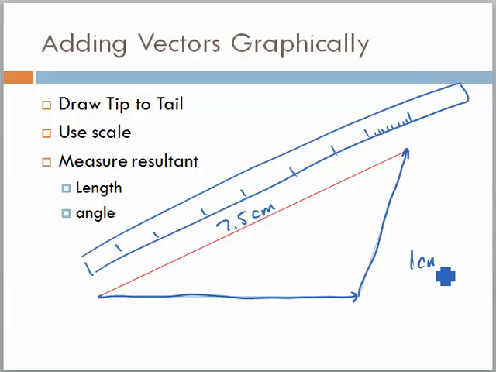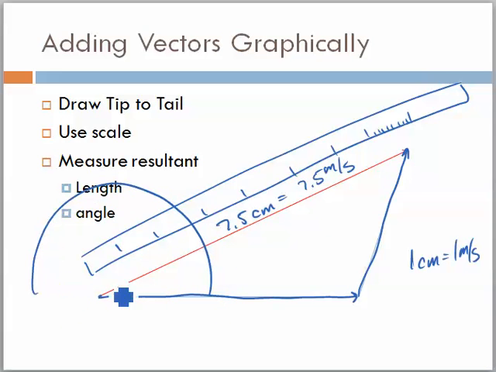And maybe our scale is every centimeter equals a meter per second. So we could say 1 centimeter equals 1 meter per second. So in this case, this 7.5 centimeters would actually equal 7.5 meters per second. Maybe we're talking about two velocities that were added together. Now to get the angle, we would put a protractor on here, and we would simply measure this angle down here.